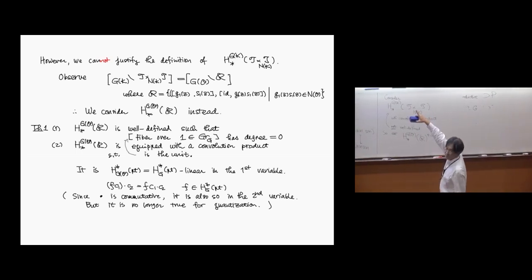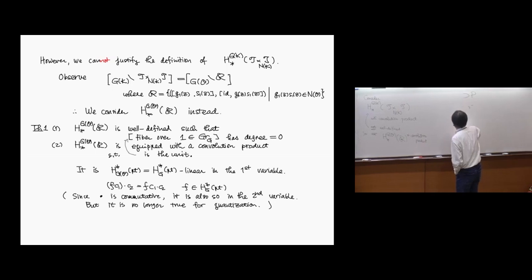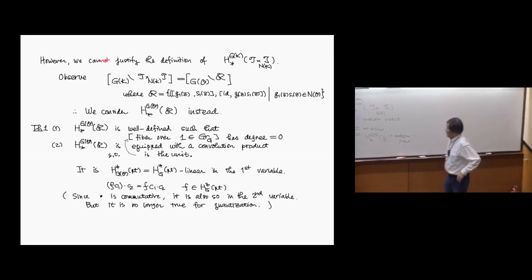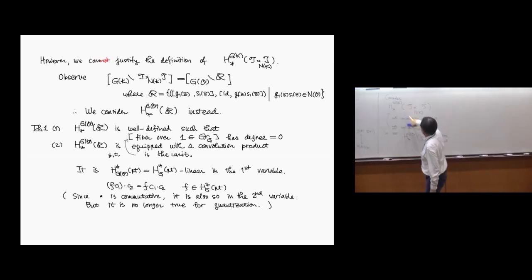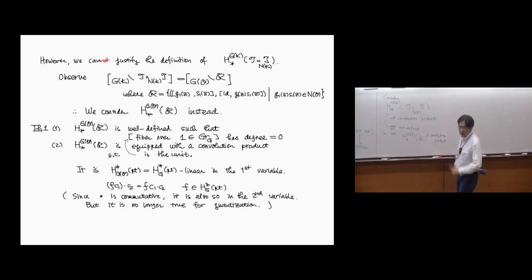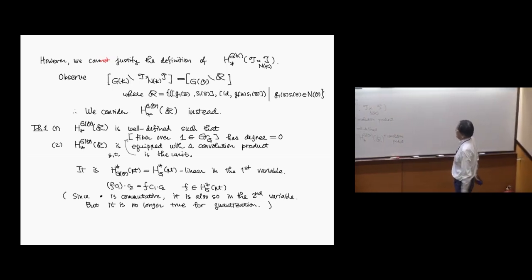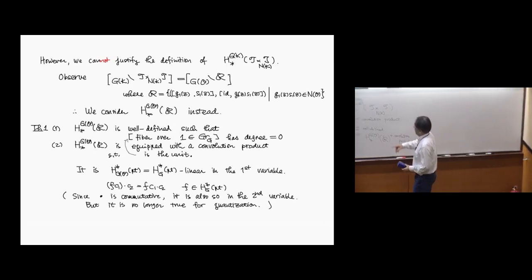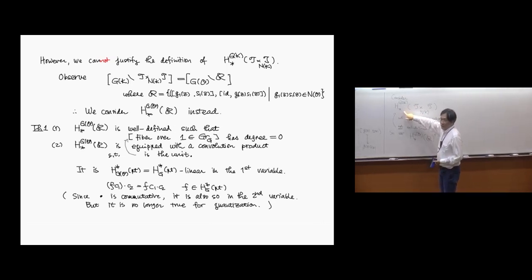In terms of R, I don't write the formal definition of the convolution product. But if you use this definition, then it's the usual convolution product. There's one technical issue: you must use Poincare duality to pull back the homology class.